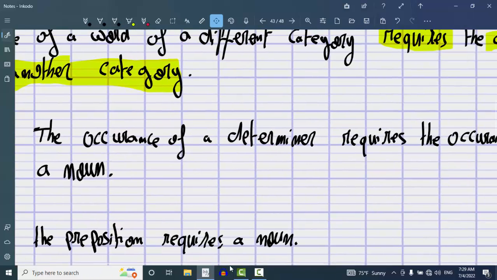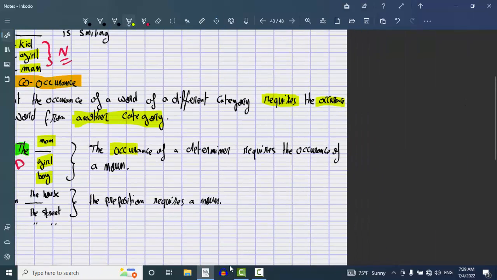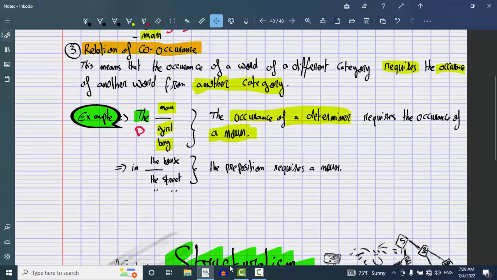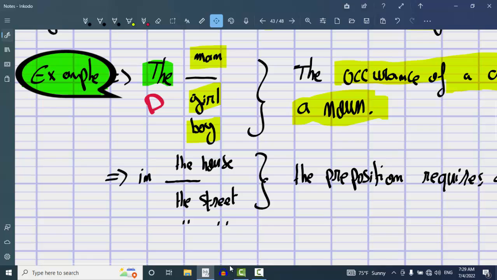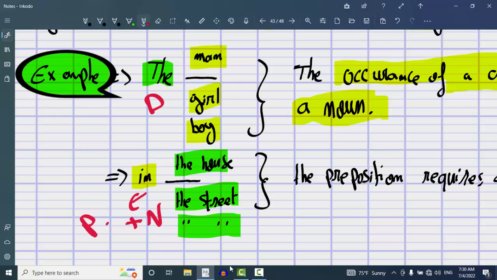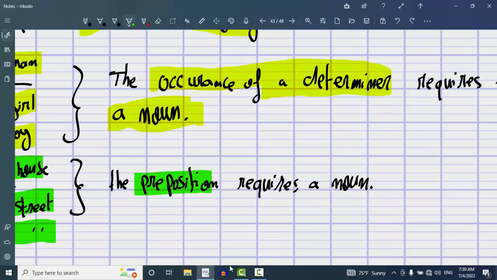The occurrence of a determiner requires the occurrence of a noun. We have another example. It says in, and here we have the house, the street, or other places. So here we say that the occurrence of prepositions requires the occurrence of a noun. So we say the preposition requires a noun.